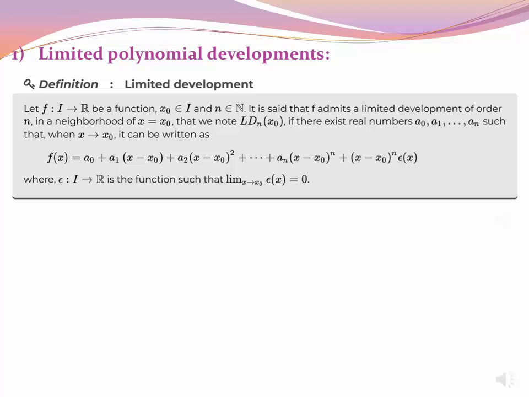We say that f admits a limited development of order n at the point x0 if there exist real numbers a0, a1 to an such that as x tends to x0, the function f of x can be written as the following formula. The last term of this formula represents the remainder.